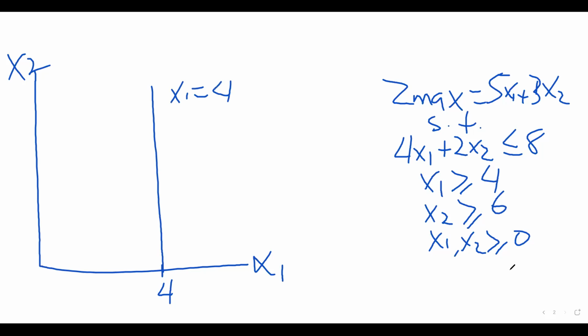Then you have another equality one, which is x2, given as a value of 6. So let's go to the x2 axis, identify somewhere like 6 here. Again, that will be a horizontal line, x2 equal to 6.